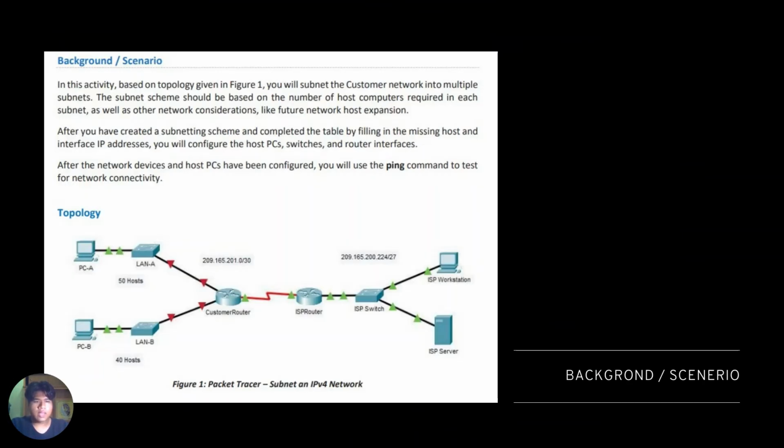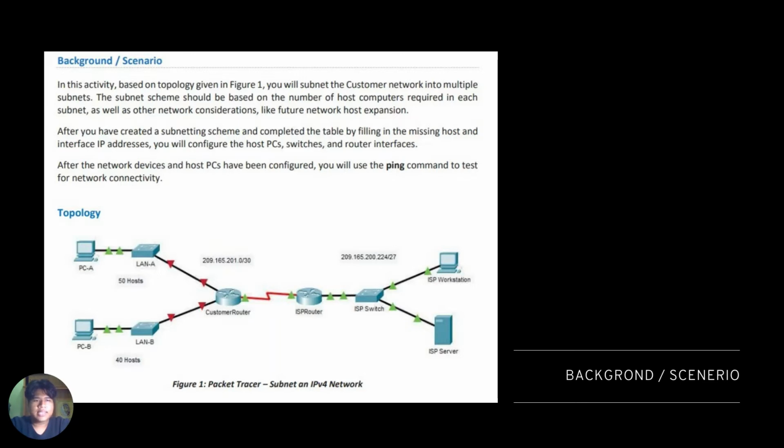I've given the background, or the scenario, for this question. In this activity, based on the topology given in Figure 1, you will subnet the customer network into multiple subnets. The subnet scheme should be based on the number of host computers required in each subnet, as well as other network considerations like future network host expansion.